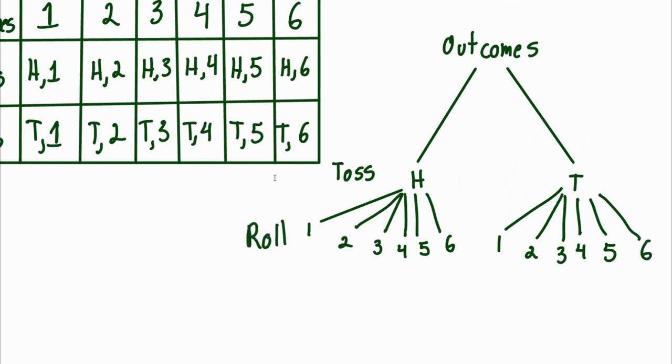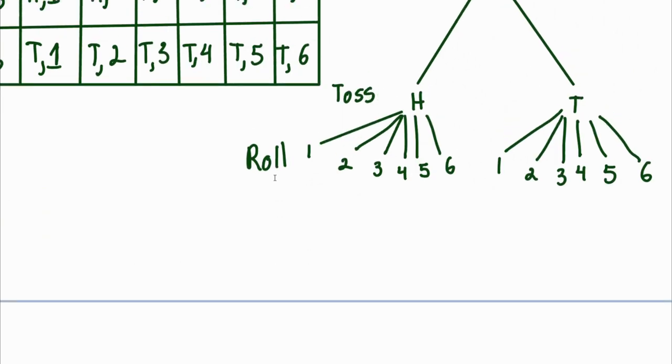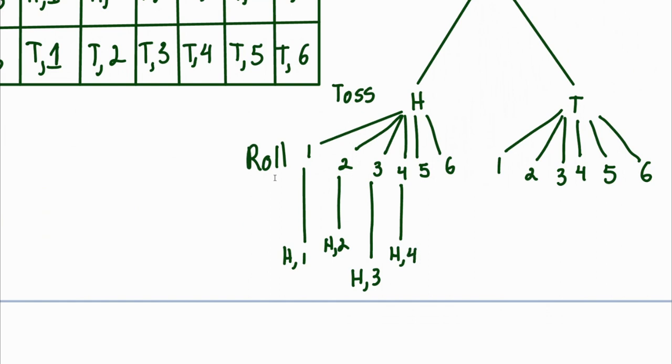And now our sample space would come down from those. So again, this would be heads and 1. This would be heads and 2. This would be heads and 3. Heads and 4. Heads and 5. And heads and 6. This would be tails and 1.